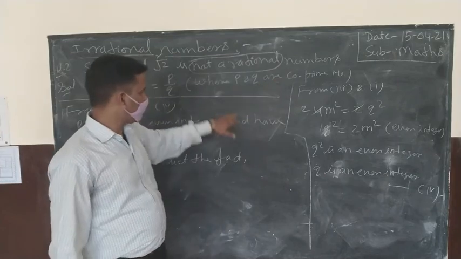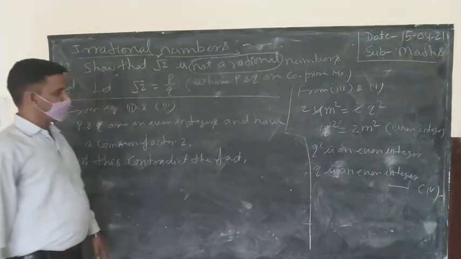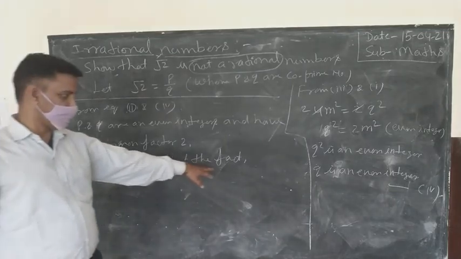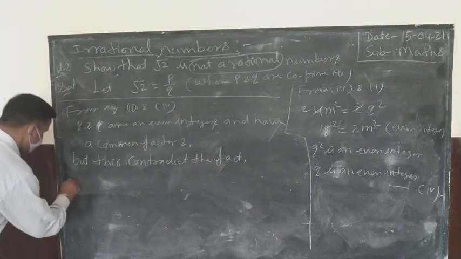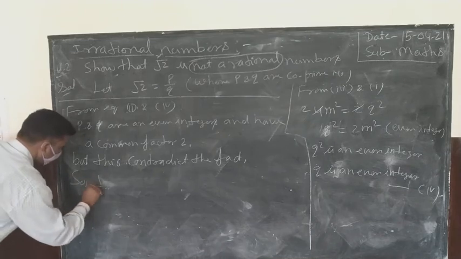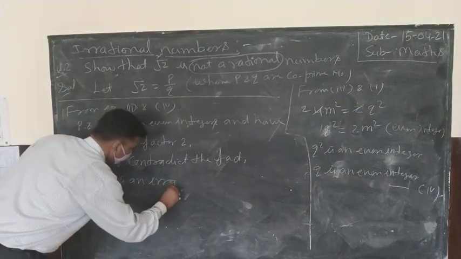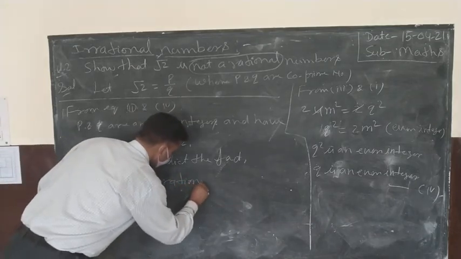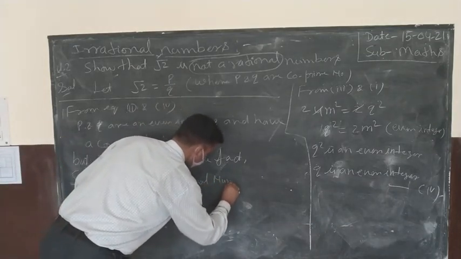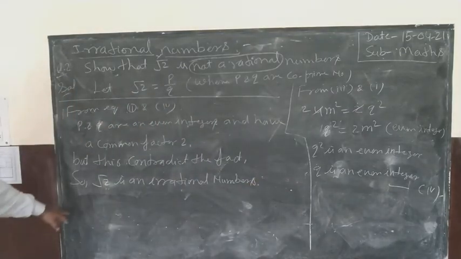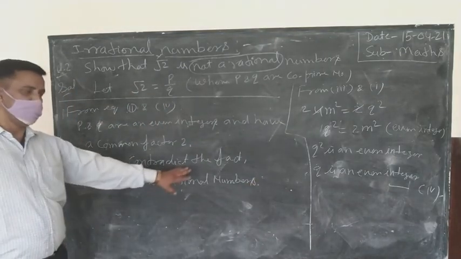But this result does not satisfy the fact. So this contradicts the fact. Hence we can say root 2 is an irrational number.